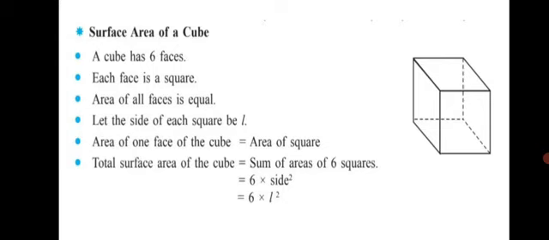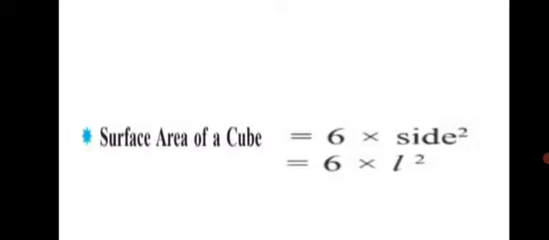One is surface area of cube, which is 6 into side square, 6 into L square, if L is representing the side. And other is surface area of a cuboid. So let's have a look once again at both the formulas.